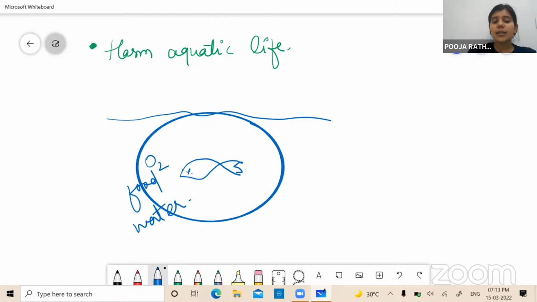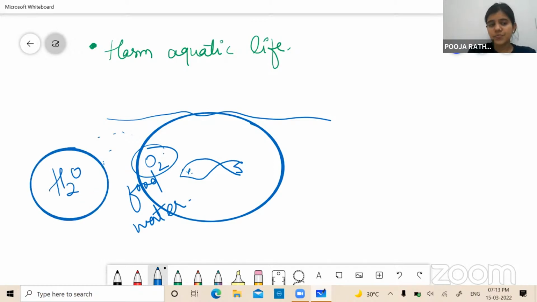So the oxygen they inhale comes from where? It comes from water only. This water contains oxygen, like water is H2O, na? So it contains oxygen also, and they use this oxygen to inhale. But if we pollute this water, the oxygen inside the water will decrease. O2 in this water will decrease.